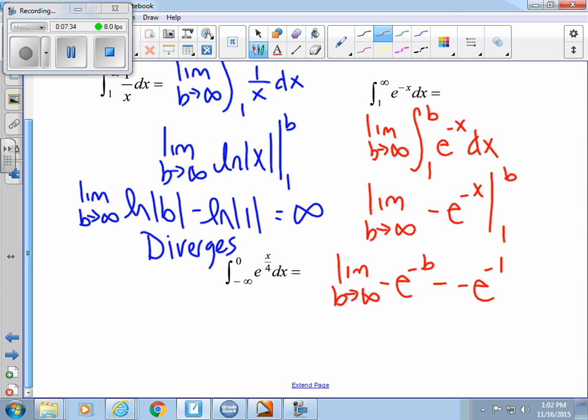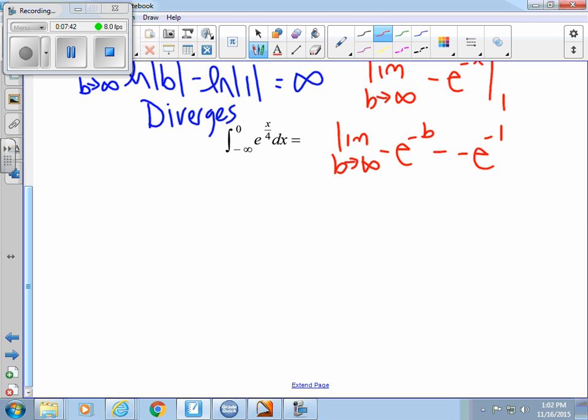Am I going too fast on that part? Everyone know where I'm getting that? Negative e to the negative 1, actually it's plus because two negatives. I just get 1 over e, right? And this is negative 1 over e to the b power. Does everyone agree with that?